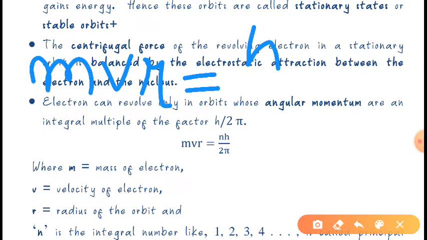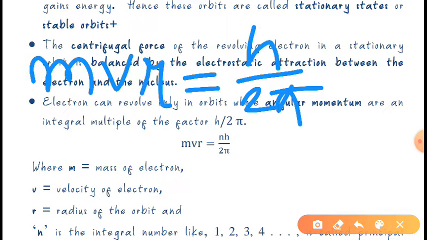If the angular momentum of the electron in that orbit is h by 2 pi, then only the electron will revolve there.